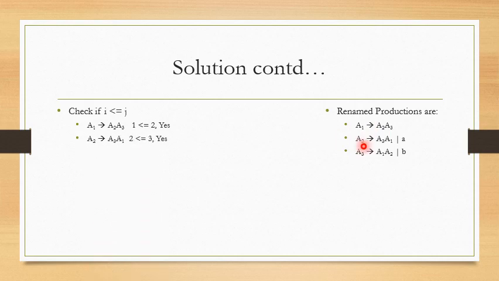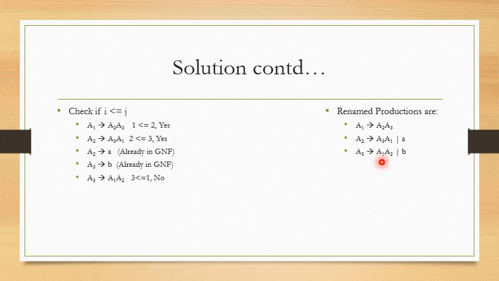For the second one, 2 is less than 3, yes, it is true. And A2 can be small a is already in GNF, we don't need to check anything. And A3 can be small b is already in GNF, we don't need to check anything. And for the production A3 can be A1 A2, i is 3 and j is 1. Is 3 less than or equal to 1? The condition is not true.